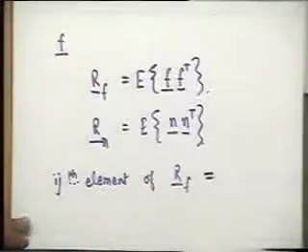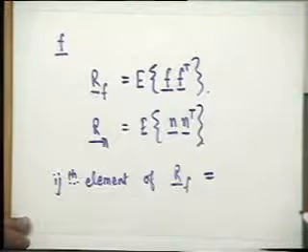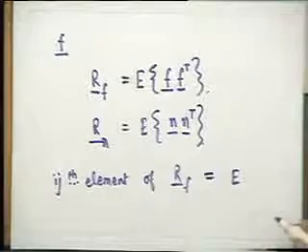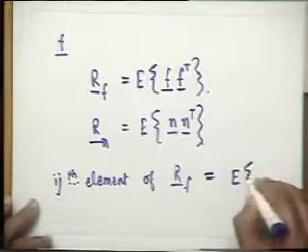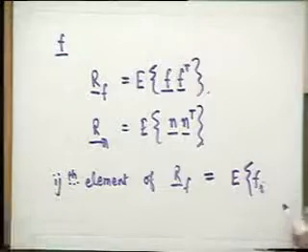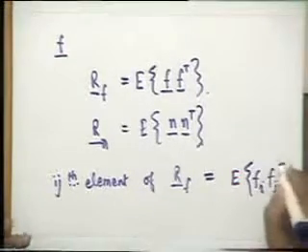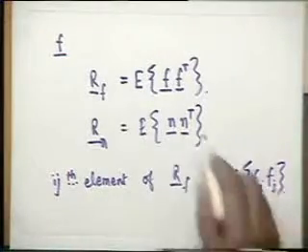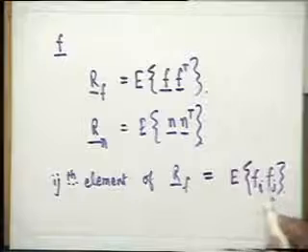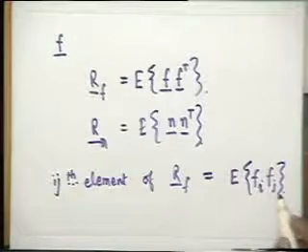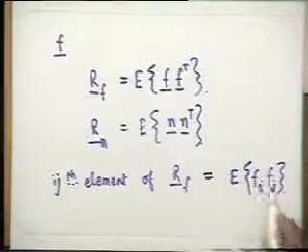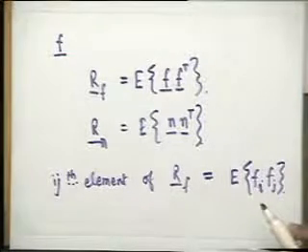The ijth element of Rf is going to be equal to, can you tell me, the expectation of Fi Fj, where Fi is the ith element of the F vector and Fj is the jth element of the F vector. I am not writing this in vector form because these are elements. Fi Fj happen to be the elements, so the ijth element of Rf is equal to the expectation of Fi Fj.